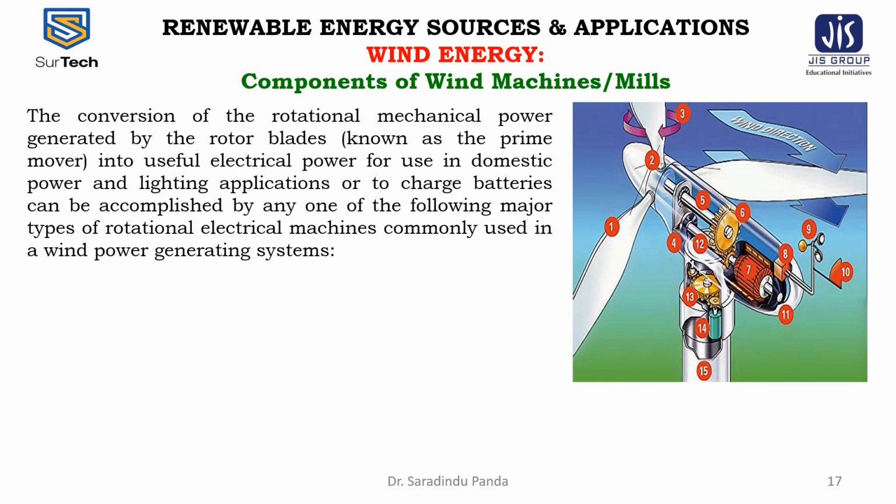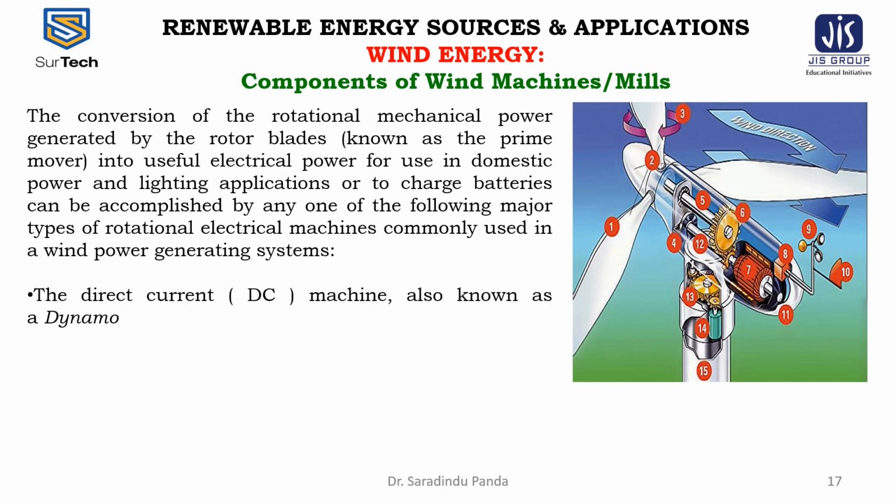The conversion of the rotational mechanical power generated by the rotor blades into useful electrical power for use in domestic power and lighting applications, or to charge batteries, can be accomplished by any one of the following major types of rotational electrical machines commonly used in wind power generating systems.